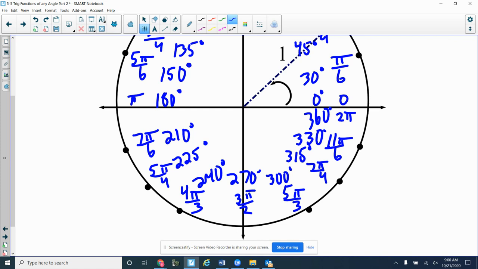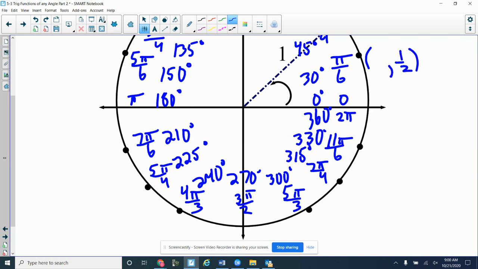If you plug sine of 30 degrees into your calculator, what do you get? 0.5, which is 1/2. That means the y coordinate on the unit circle at 30 degrees is 1/2.